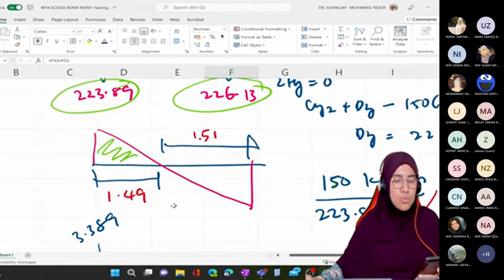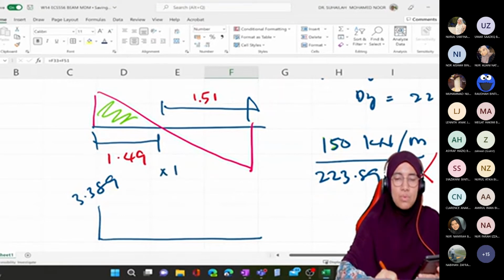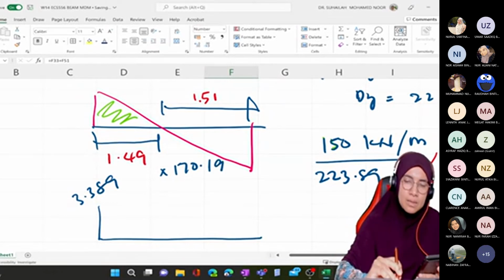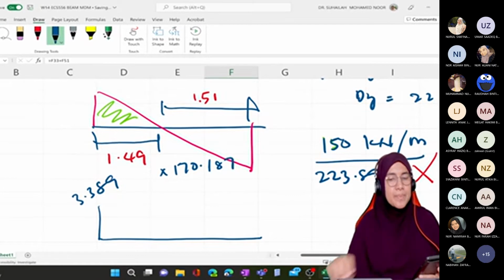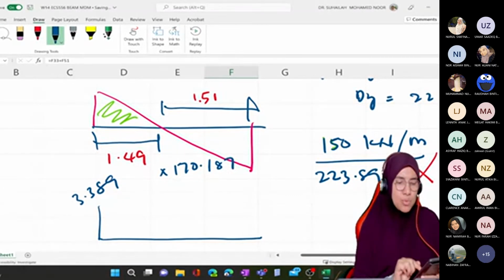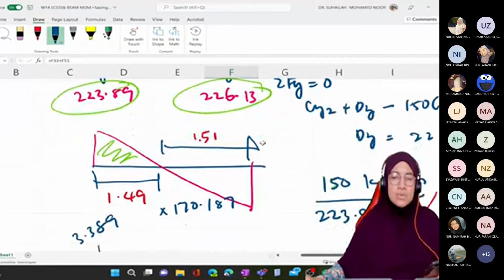The value is 170.19, so 187. We minus with 0.5 times 1.51 times 226.